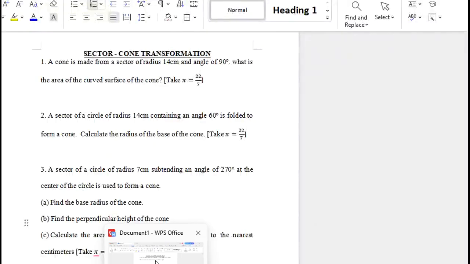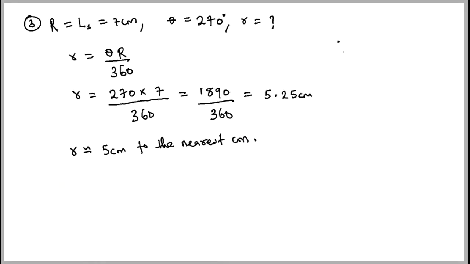And now for question part B. B says find the perpendicular height of the cone. Yesterday we drew a cone and we saw the different portions of a cone. If I have a cone drawn this way, sorry about this sketch, it might not look nice.